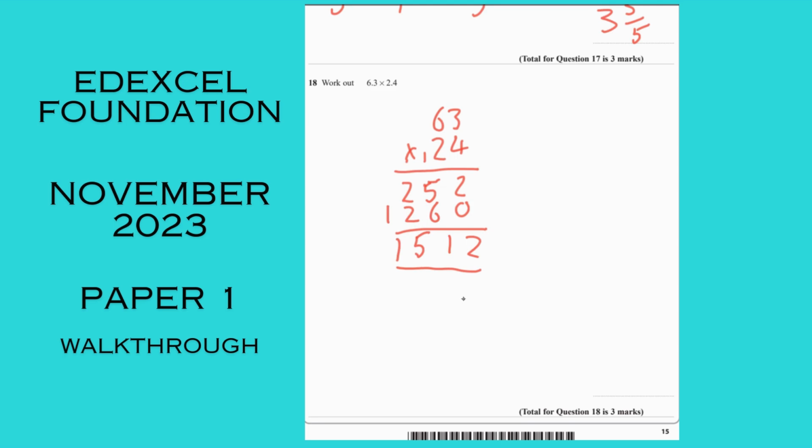But there are 2 digits after the decimal point in the question, or do it by estimation. 6 times 2 should be an answer just above 12. There we go, 15.12.